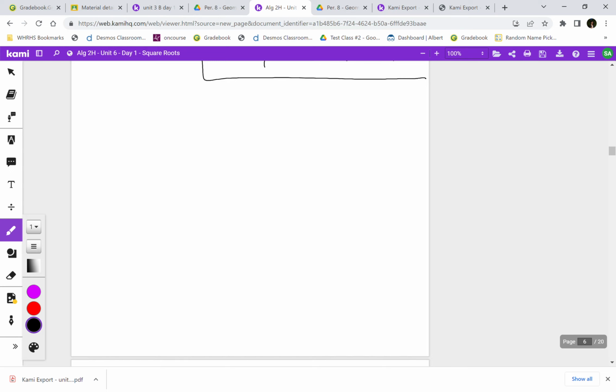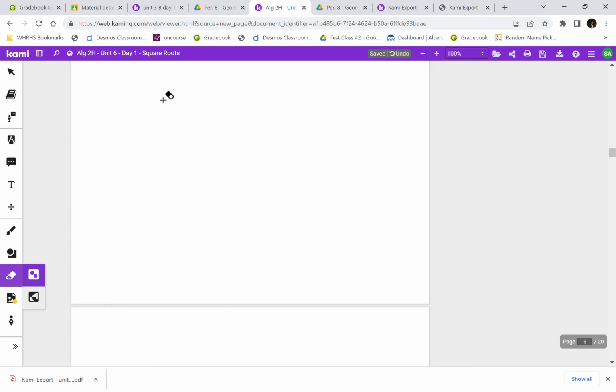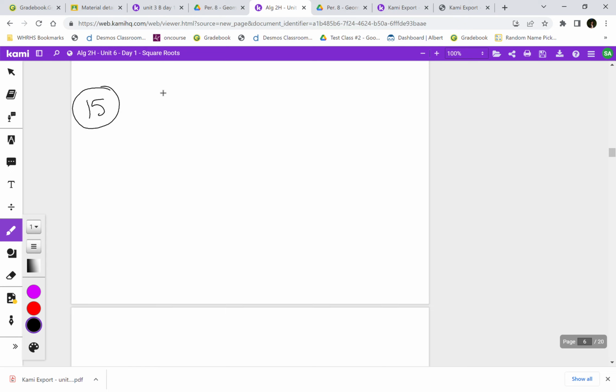All right, I want us to talk about the difference. Hold on, what number was that? 14, 15. Okay, so I want to talk about how number 15 physically looks different than the other problems we did. We need to discuss so we understand.